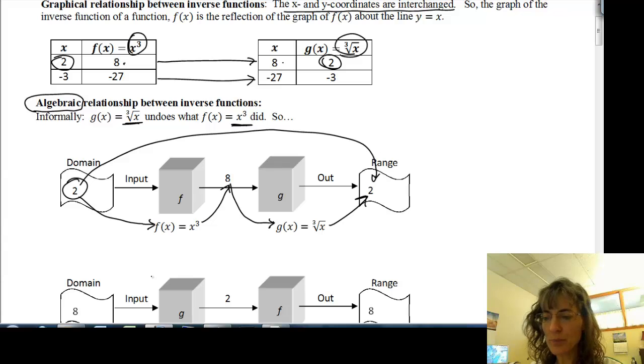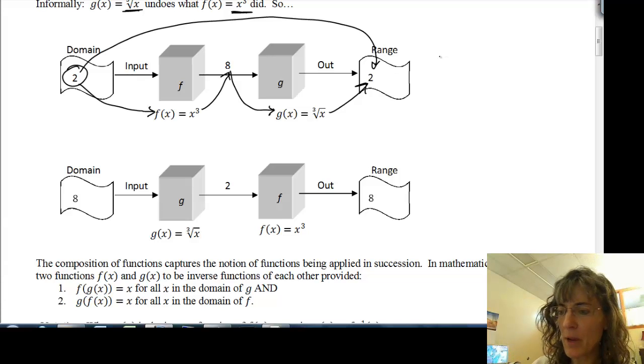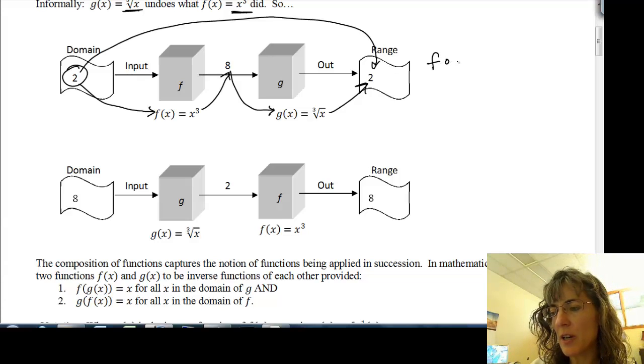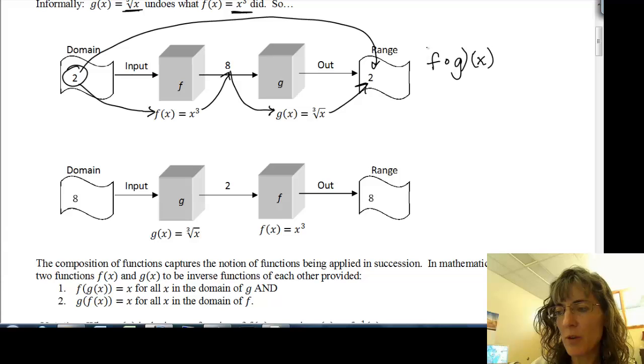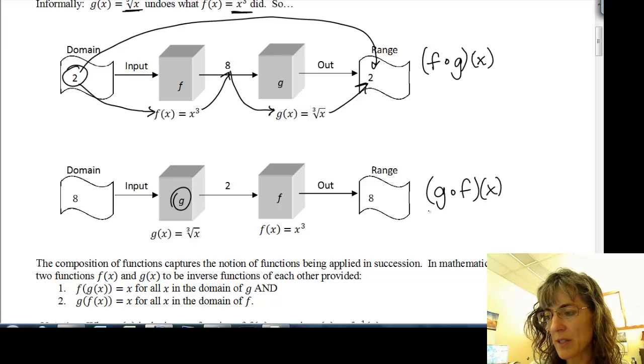and the two functions act inside, but one undoes the actions of the other function. So if we look at it in the order starting with the function f, for an inverse we also want to have it work in the opposite direction. So up here, this one is f of g of x that we're showing there. And down here, you can see we're handling the g function first, so this one is g of f of x.